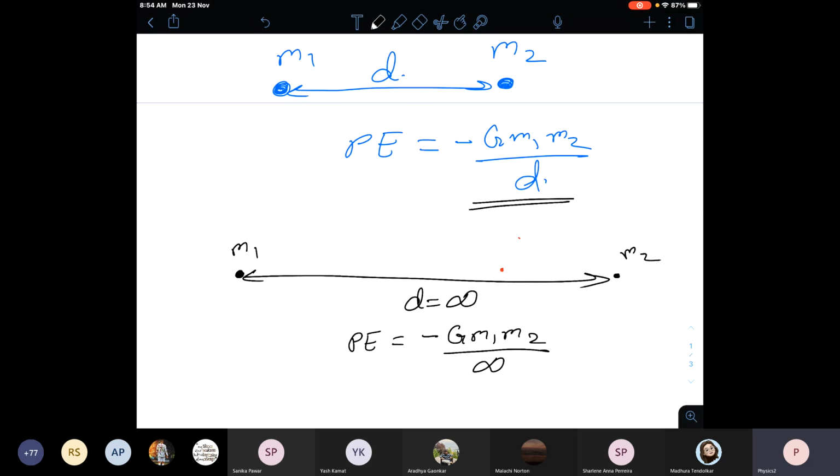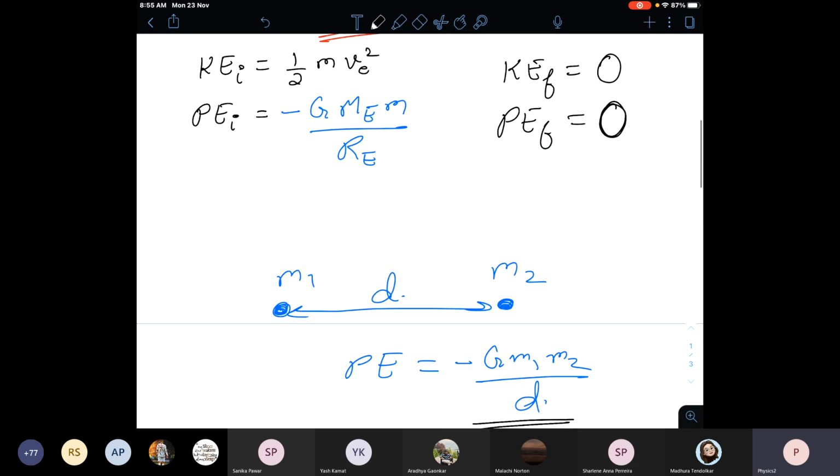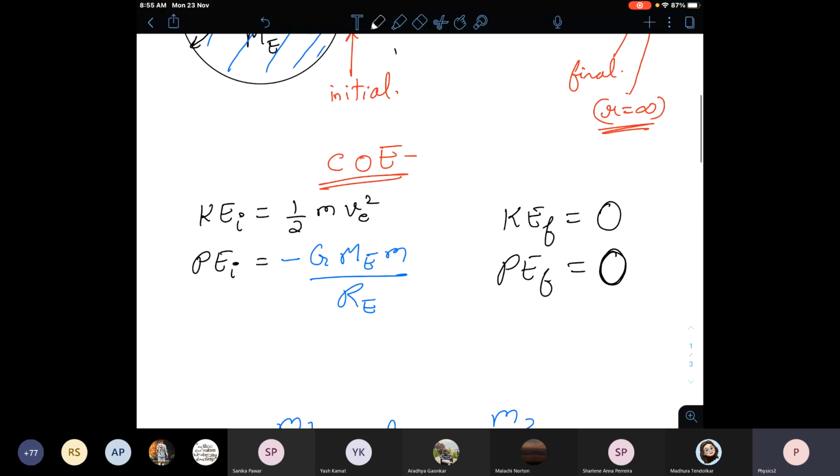If you divide anything with infinity, the term becomes zero. The whole answer becomes zero. Something upon infinity is zero. So that is what is happening over here. Hence, at infinite separation, you should always remember that the potential energy will always remain zero.